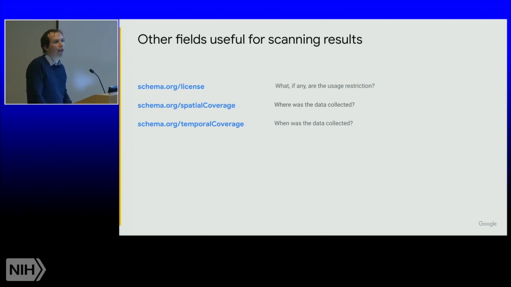So there are private research labs as well as private companies that, for example, only want data sets that are allowed for commercial use. So providing licensing information is very useful for these people. And same for spatial coverage and temporal coverage, if that applies to you. This is more for historical data, economic data, as well as geographic data.